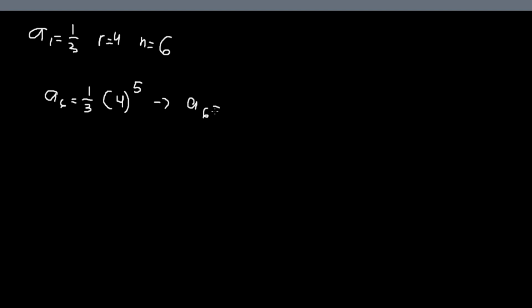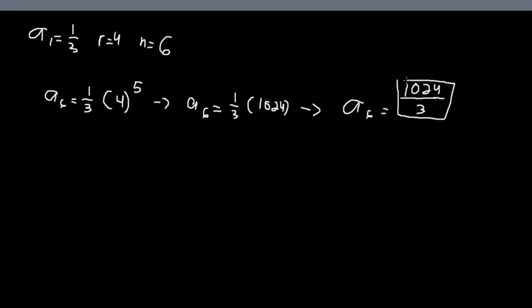A sub 6 is equal to 1/3 multiplied by 1024. And 1024 divided by 3 is not divisible, because it will just become a decimal number. So therefore, our a sub 6 is just 1024 divided by 3.